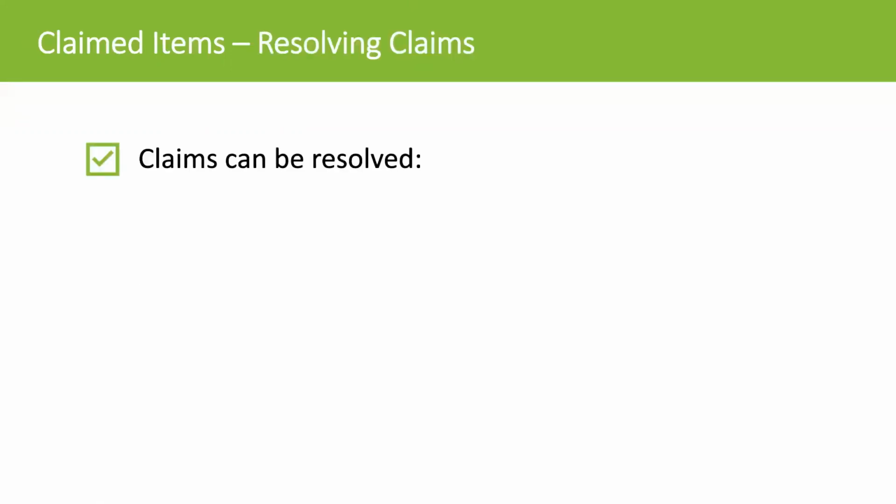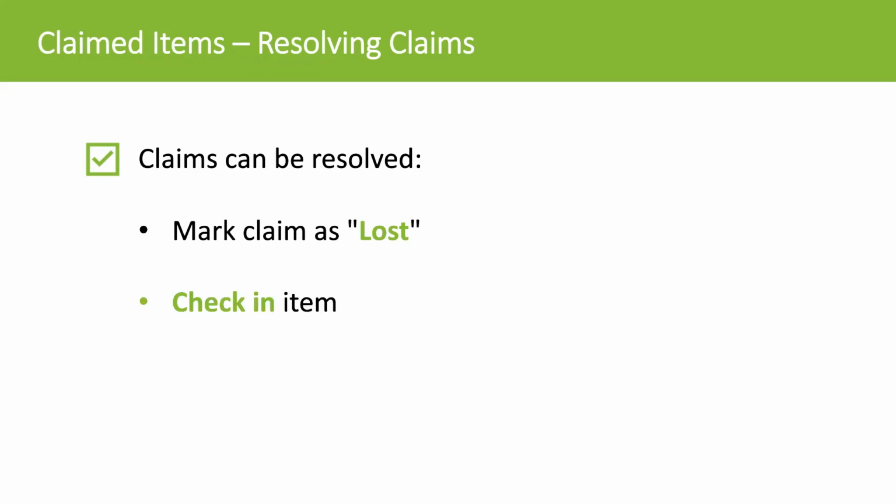So this does bring us to the topic of resolving claims. A claim will remain current or active until it's resolved. There's a couple ways that you can resolve a claim. You can resolve it just like we did previously, marking an item as lost and charging fees.